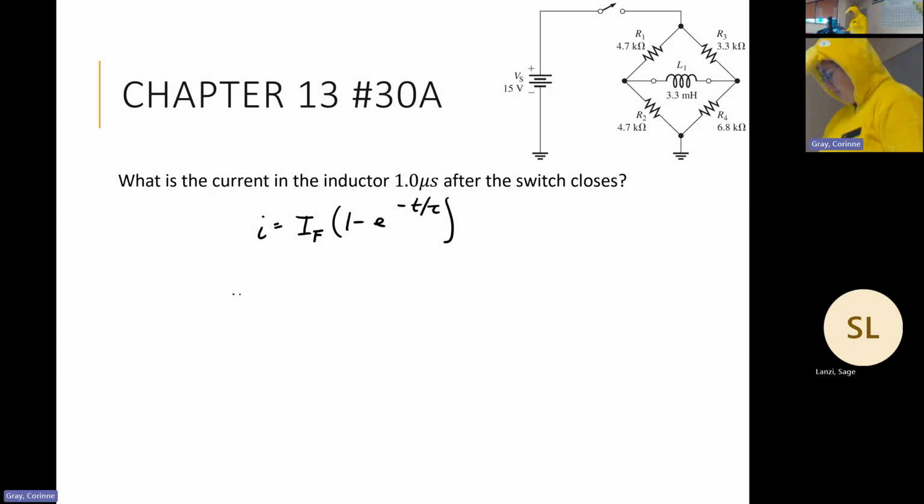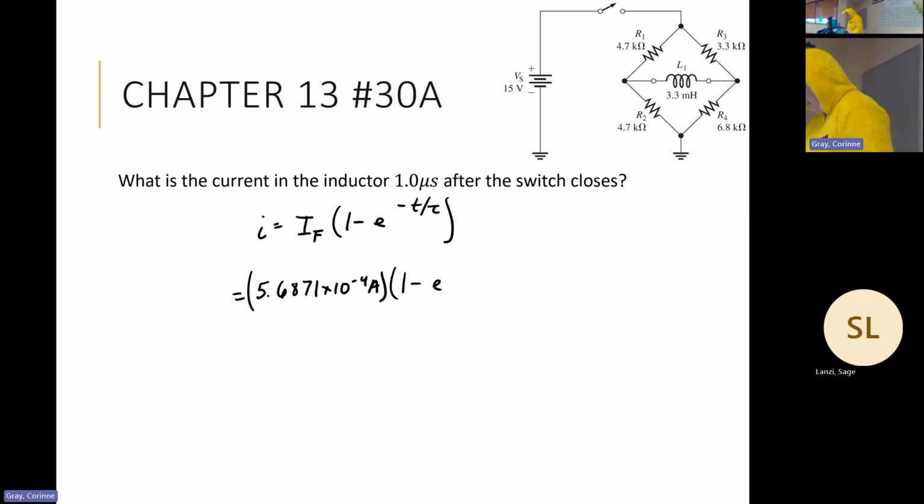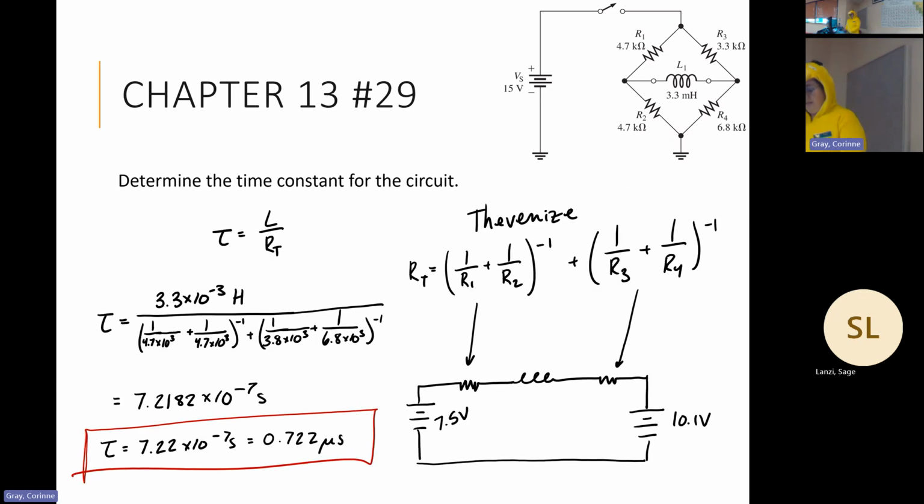So we're going to be able to use the IF that we technically solved for in B because we did this out of order. That was 5.6871 times 10 to the negative 4 amps. 1 minus e. So here, my time is given in microseconds. I have a choice.